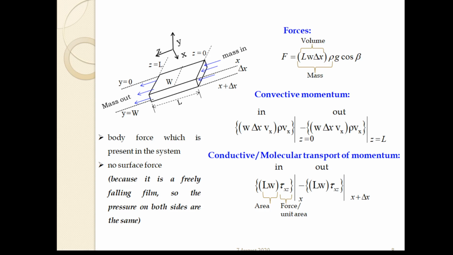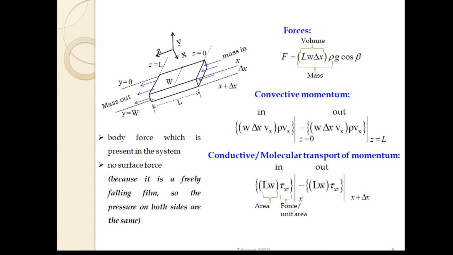So what is the area on which it is acting? Now this force should be acting on a surface that is L into W. L is the length of that control volume and W is the width of that control volume.